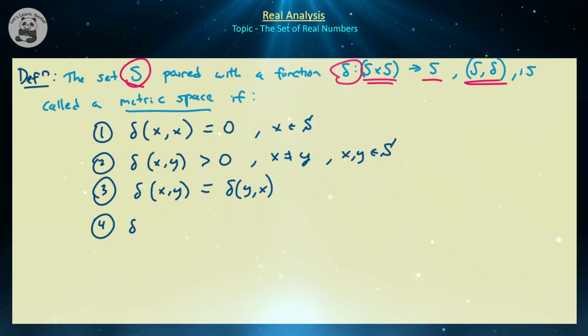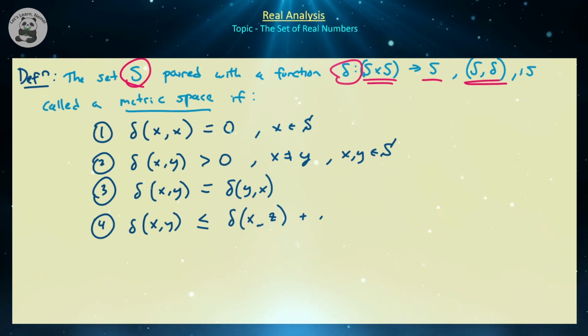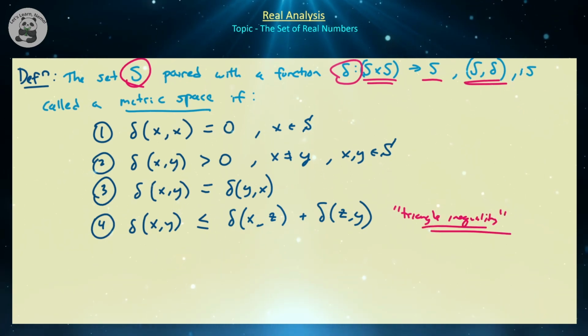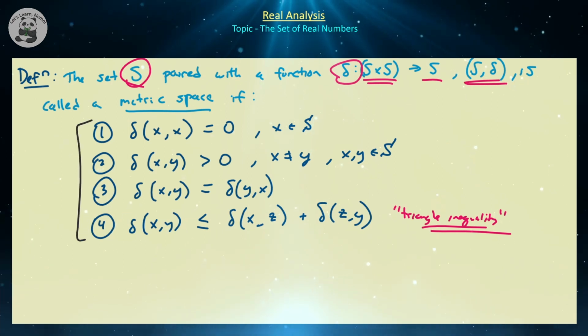And that's the distance between x and y is always going to be less than or equal to the distance between x and z plus the distance between z and y. Right? And again, this property is called the triangle inequality. Right? So those are the 4 properties that need to be satisfied for some function delta paired with S, for S delta to be a metric space.